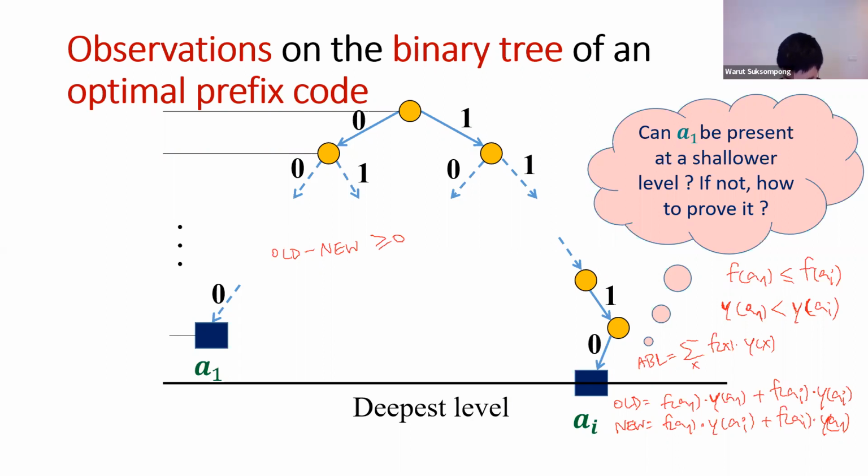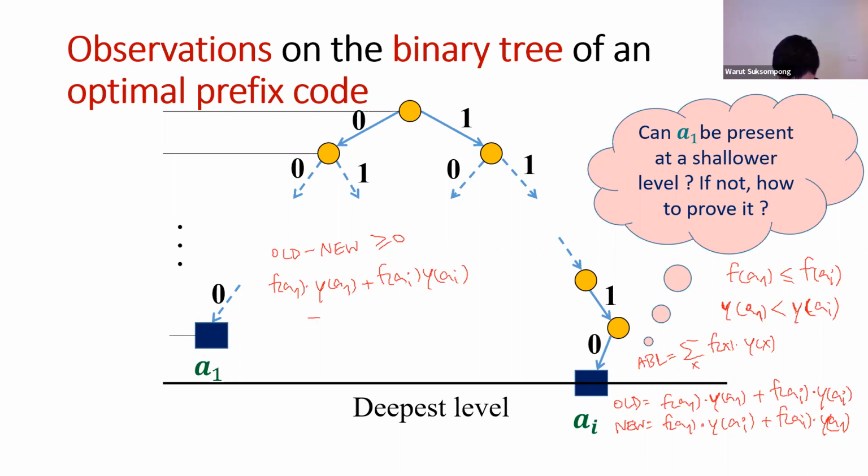This is the algebra I was referring to, that you can show algebraically. It's f of A1 gamma A1 plus f of AI gamma AI, the old ABL, these two relevant terms, since the other terms are the same in the old and new and so cancel.